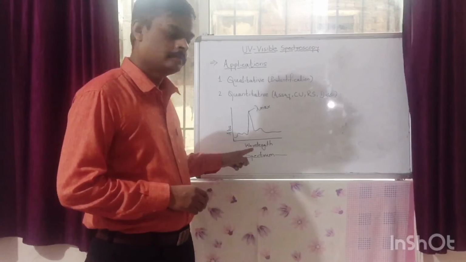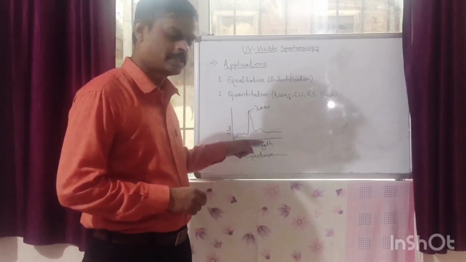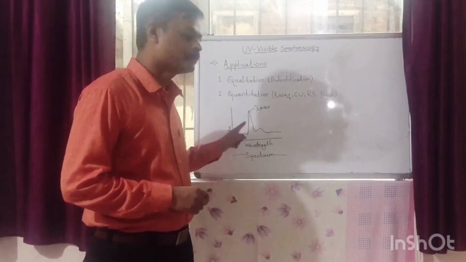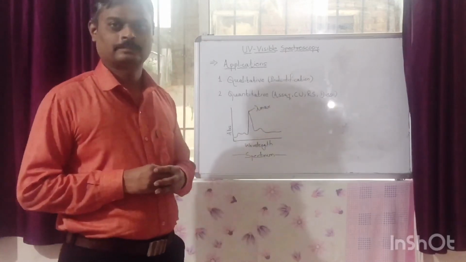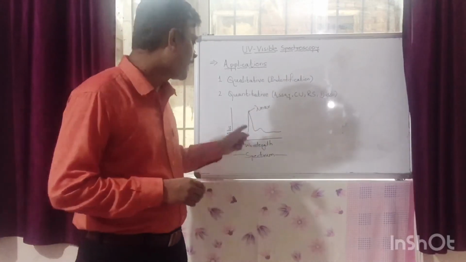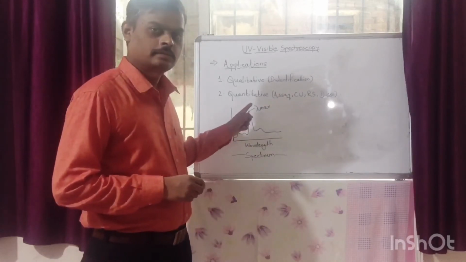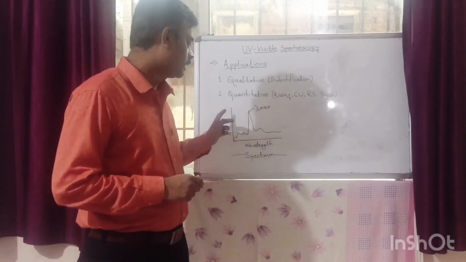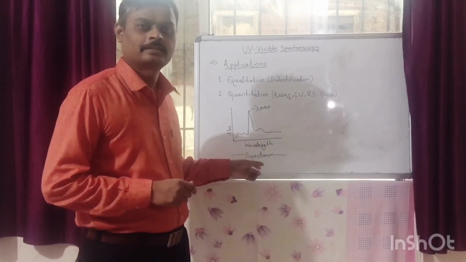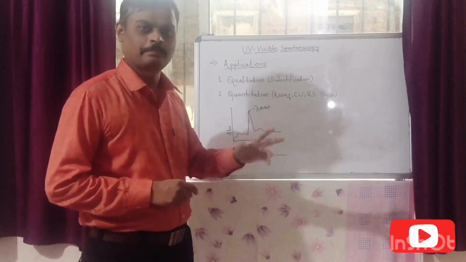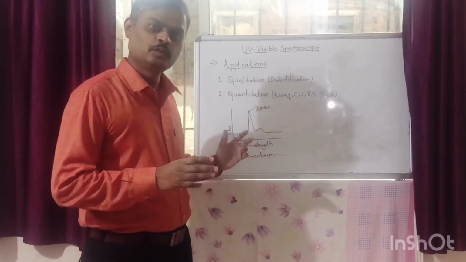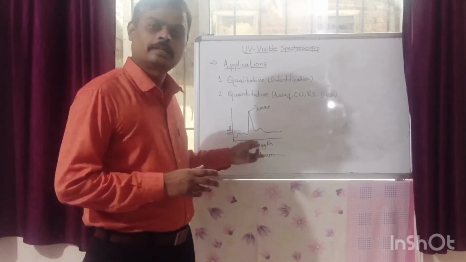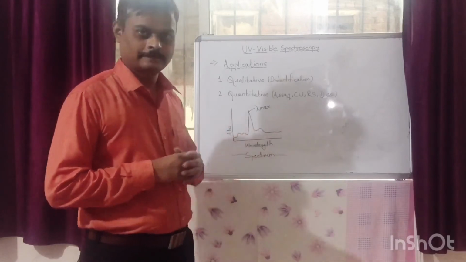In this spectrum, the wavelength at which the maximum absorbance is observed is called lambda max. So based on the lambda max, you can identify your unknown sample. If it is comparable with your standard, then you can say your unknown is identified.